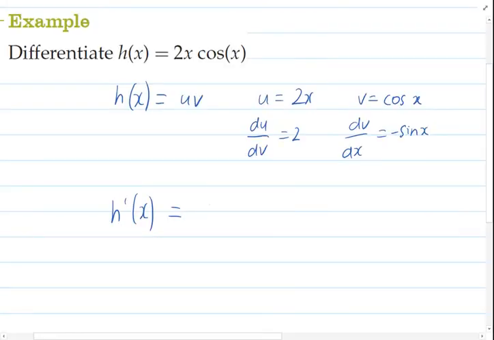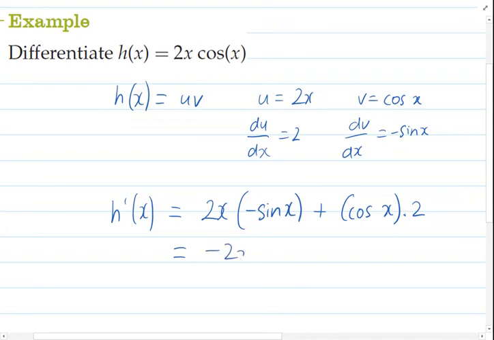So u, which is 2x, times the derivative of v, so that's negative sine x, plus v, which is cos x, times the derivative of u, that should be with respect to x, I keep on making that mistake, which is 2. Okay, so just notice that I've put stuff in brackets. It's a good habit to get into when you're applying the product rule.